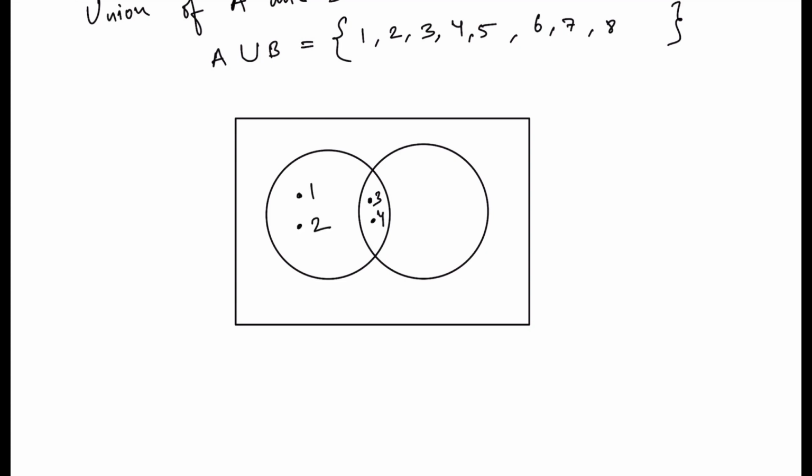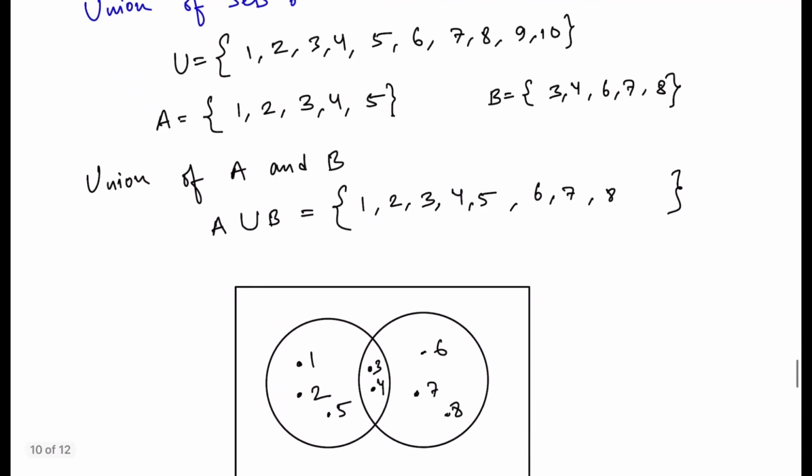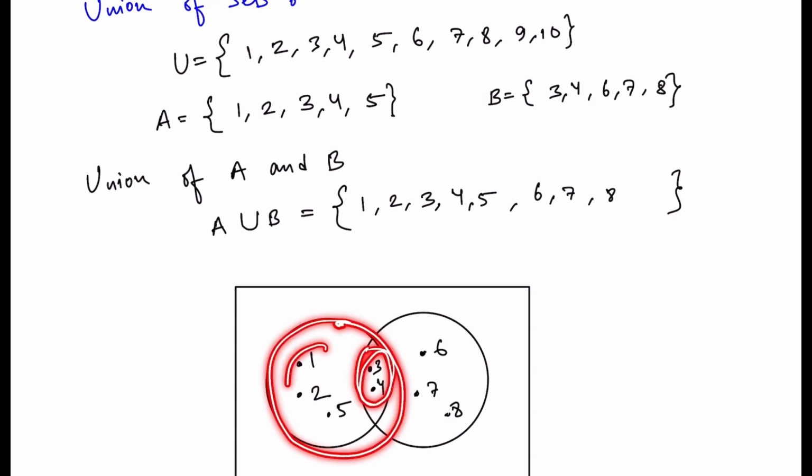Then 1, 2, 5, 6, 7, 8. In the previous video I showed you how to make the Venn diagram. First I have written the common elements here. Then this is the region of A. So what are the remaining elements of A apart from 3 and 4, which are 1 and 2.